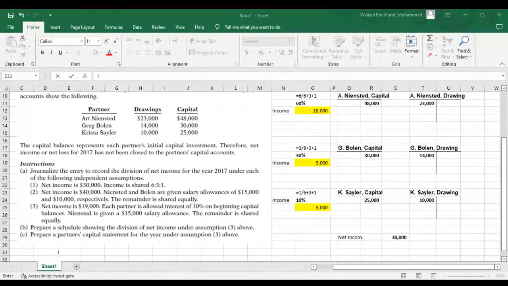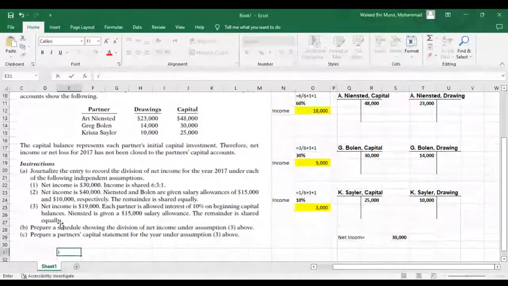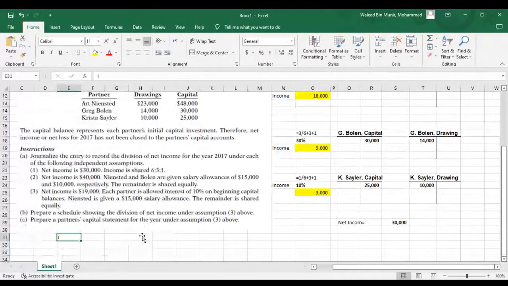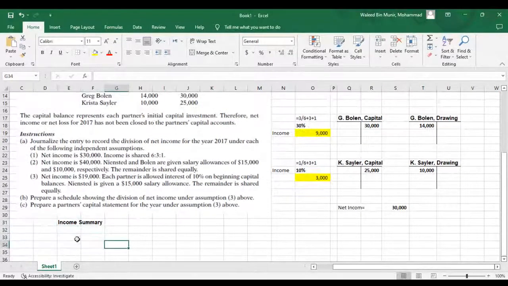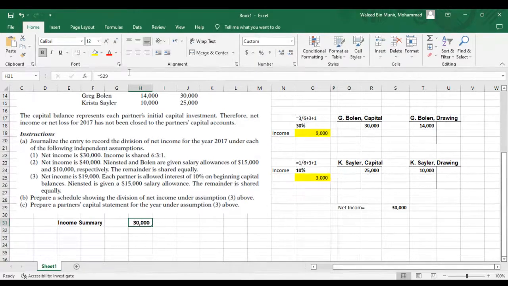If you don't remember, income summary account will be debit for how much amount? You can see here in the bottom, I'm just giving you a solution. Income summary will be debit for how much? About the income, whatever your income is, which is 30,000. Okay, clear? This is debit.